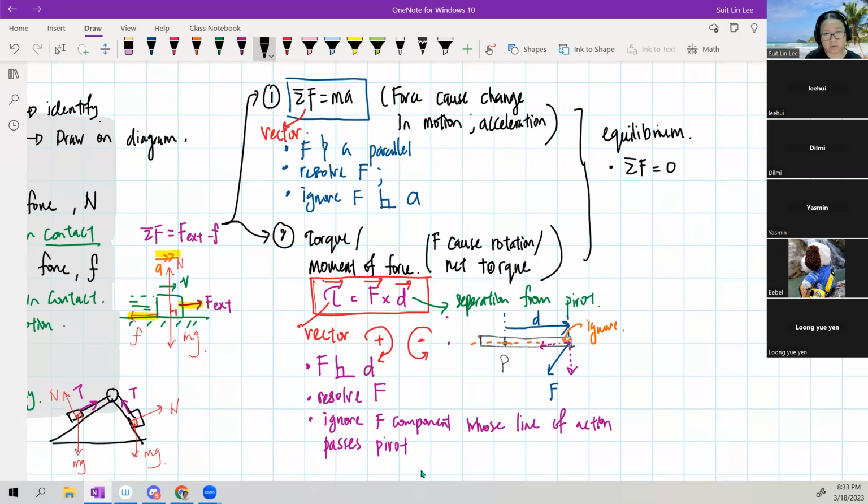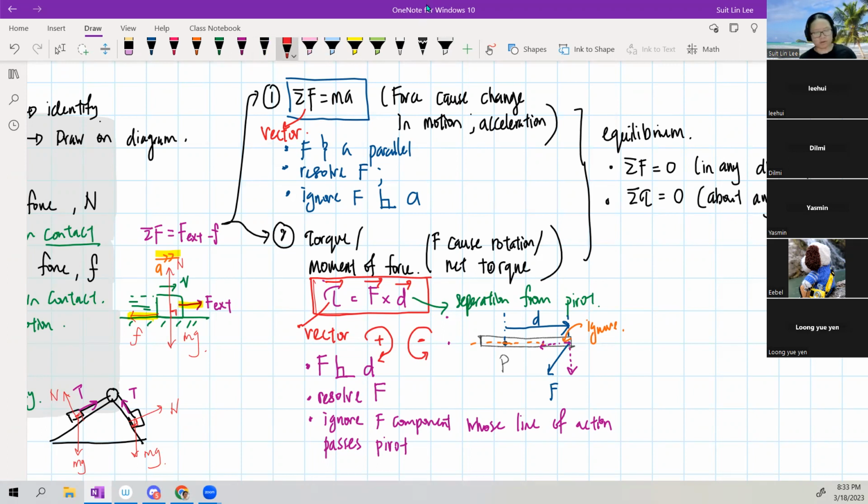Resultant force is 0, and it has to be 0 in any direction: up, down, left, right, front, back, if it's a 3D thing. And number 2, your net torque has to be 0 about any point or any pivot. Then the forces will not cause rotation, as the clockwise and the anti-clockwise cancel off and you don't get any form of rotation. So this is 4.2.